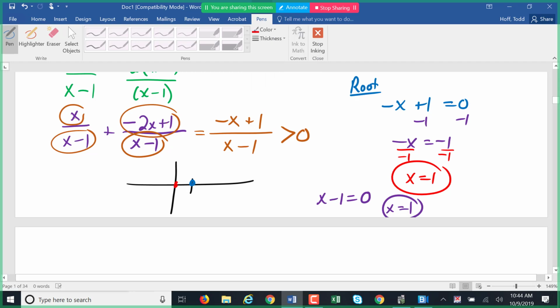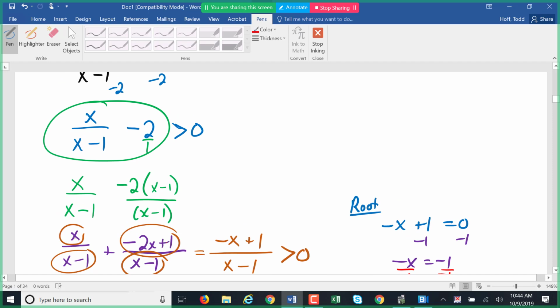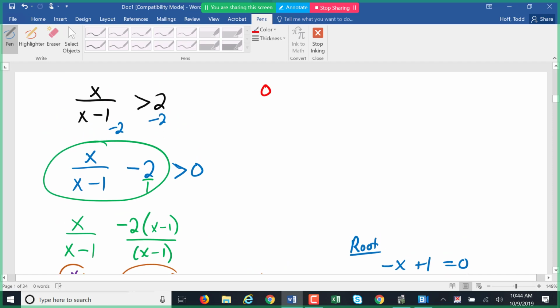Let's test 0, and then we'll test 2. So if I test 0 in here, going back to my original inequality, 0 over 0 minus 1, is that greater than 2? Well, 0 minus 1 is negative 1, so 0 over negative 1 is 0. That is not greater than 2, so that doesn't work.